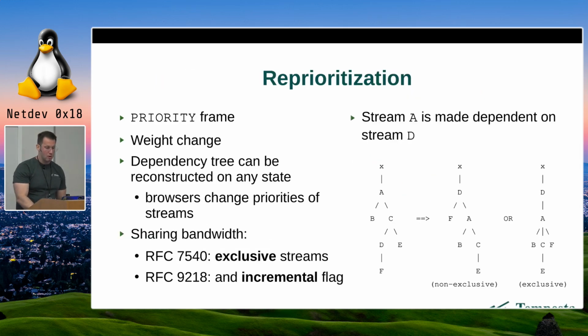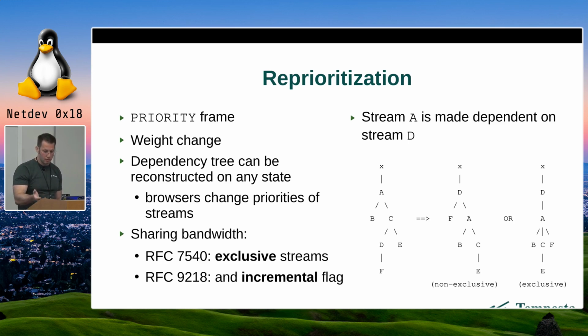Next, a bit more about the representation. In both standards, it is done with priority frames. Weight change is available in both standards. The dependency tree is only in 7540, and on the slide, we have a case when stream A is made dependent on stream D. If it's non-exclusive, it goes as a child of D and shares bandwidth with stream F. However, if it's exclusive, it means that it cannot share bandwidth with any stream.